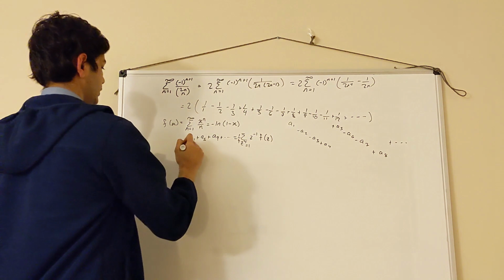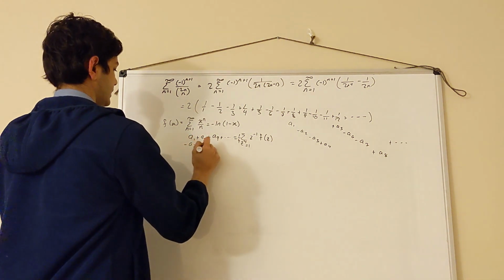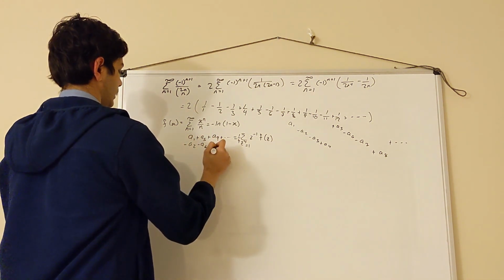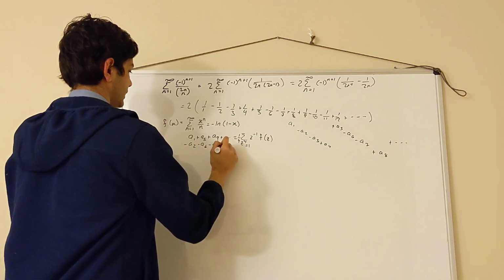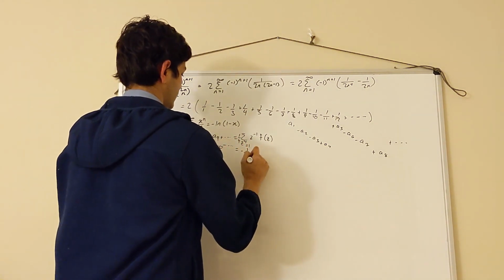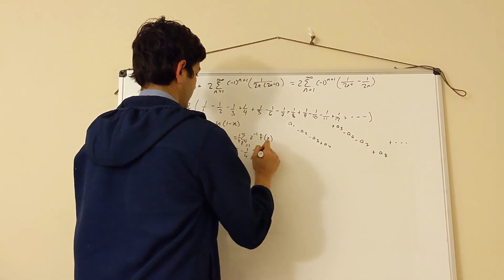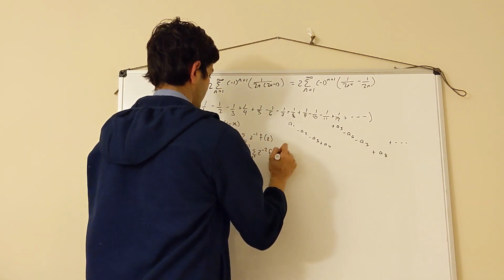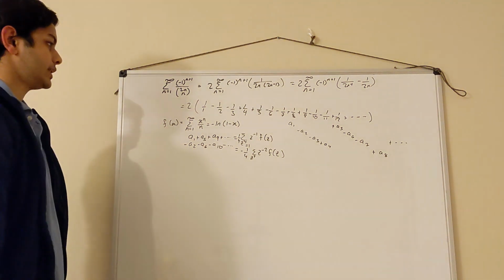And then if you want to do minus a2 minus a6 minus a10 and so on, well, this is just negative 1/4 times the sum of your fourth roots of unity, z to the minus 2 f of z. And you may see where the pattern is going.